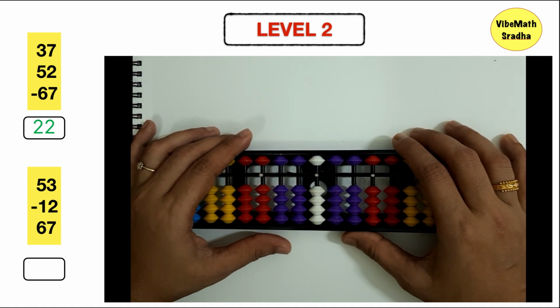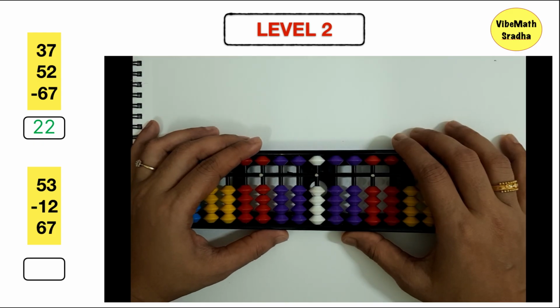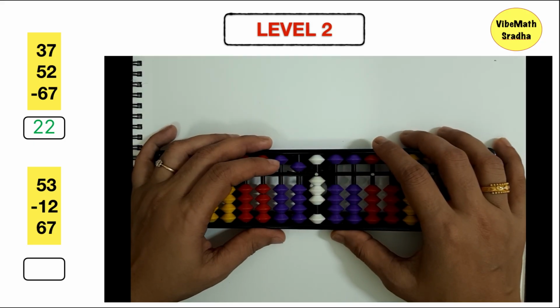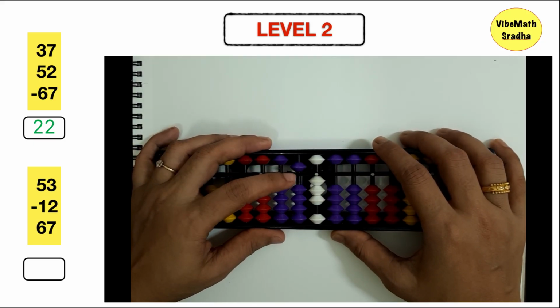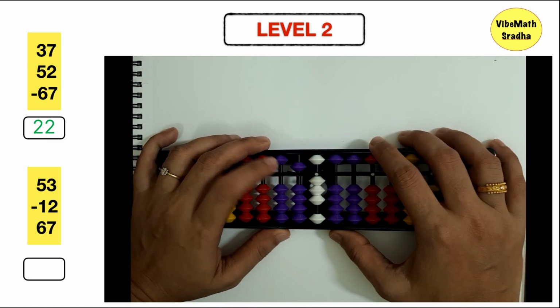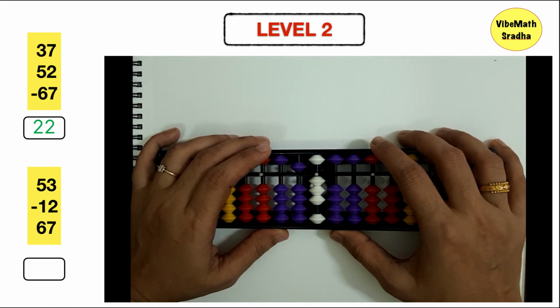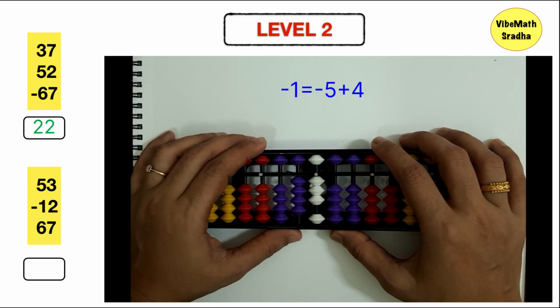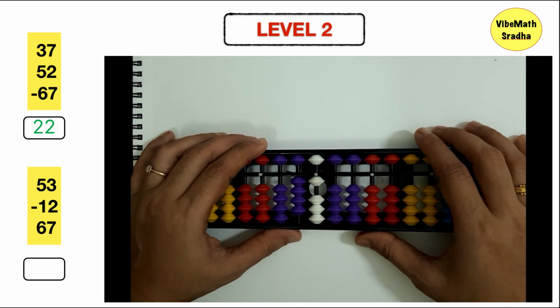So, next example here is 53 minus 12 plus 67. 53 minus 12. So, minus 1, we have to do minus 1 at tens rod. So, minus 1 is minus 5 plus 4, then minus 2. We can do it directly.